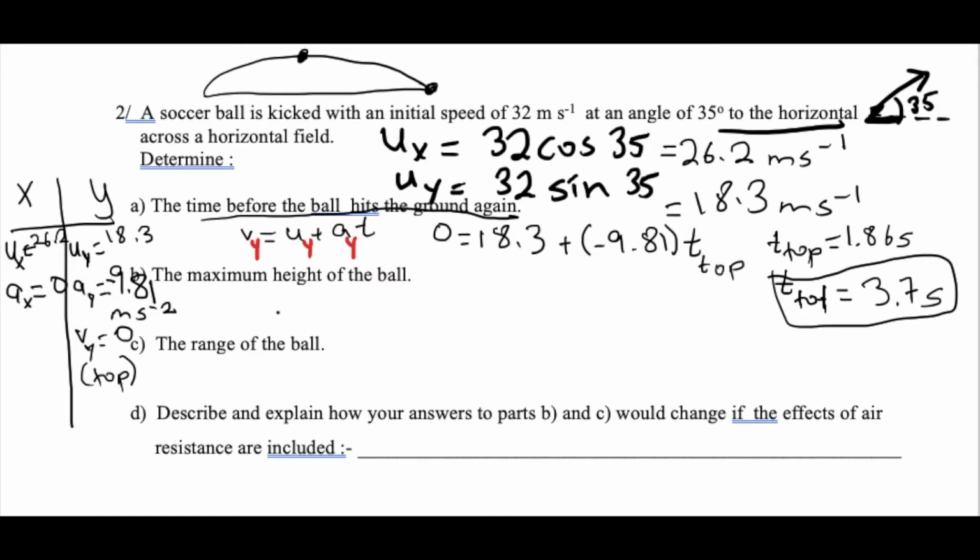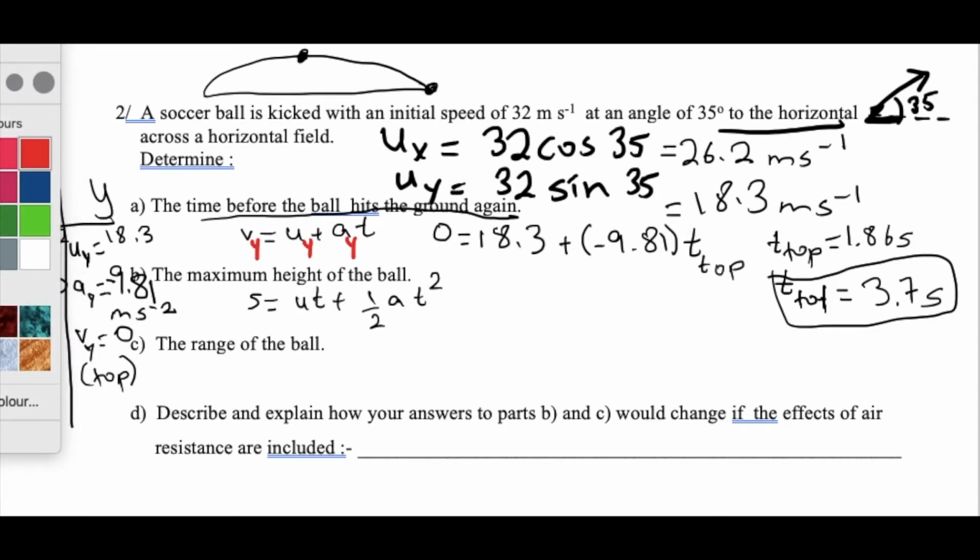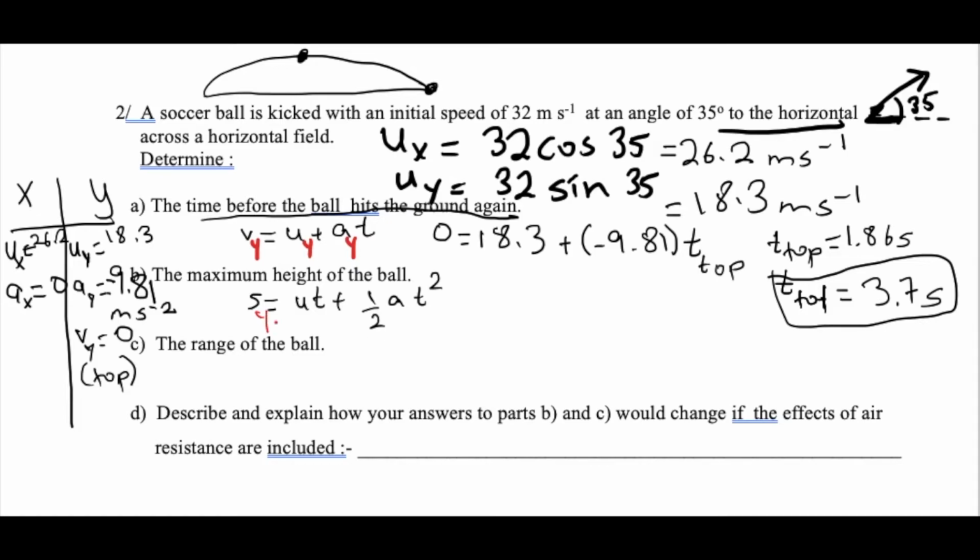Now to find the maximum height, I'm going to use S. This is still in the vertical, because it's asking for the vertical displacement. I'm going to use S equals ut plus 1/2 at squared only for the y component. So I make sure I highlight that for myself over here, and then go back to the formula and replace everything that I want to know. S is my question, so I can continue from here. Initial velocity y is 18.3. I'm only taking numbers here.